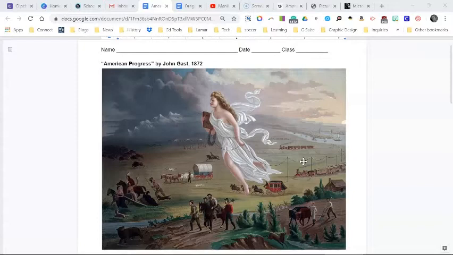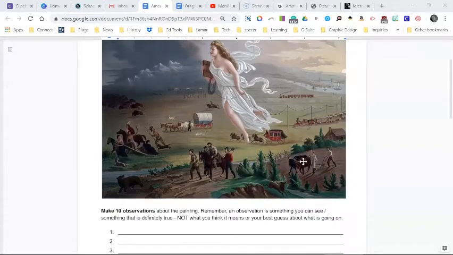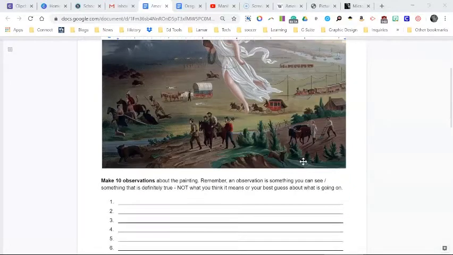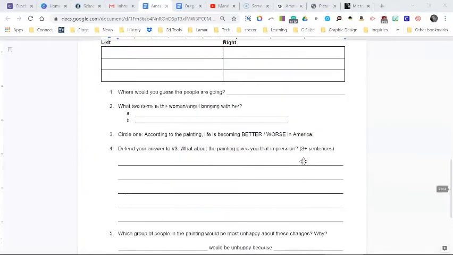But if you look closely on it, it says school book. So she's got a school book and she's got a telegraph line. She's bringing education with her. She's bringing communication with her, advanced communication. She's bringing enlightenment with her is another way to look at it. She's bringing that Western enlightenment, that Western way of doing things.